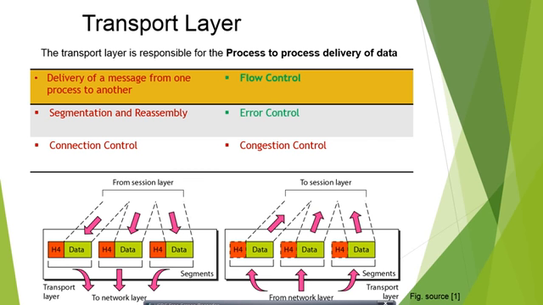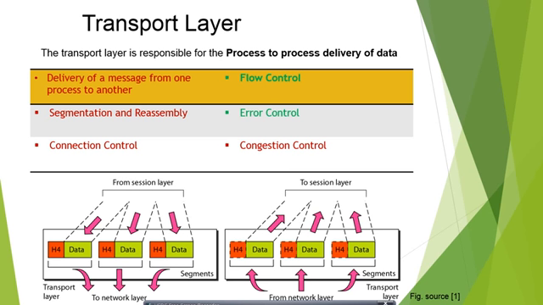Now coming back to the other responsibilities of the transport layer: segmentation and reassembly of the message. At the transport layer, the message is divided into transmittable segments and each segment is assigned a sequence number. This sequence number enables the transport layer to reassemble the message at the receiver side.